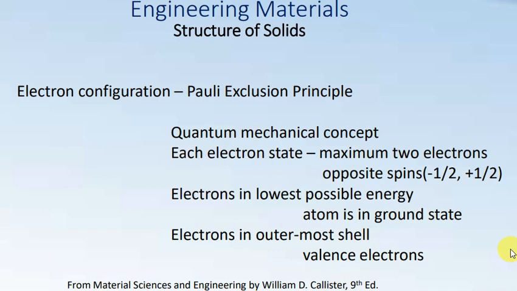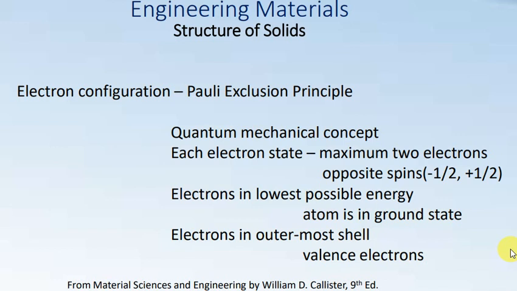When electrons are in lowest possible energy, atom is said to be in ground state or unexcited state, and the electrons present in the outermost shell of atom are called valence electrons.